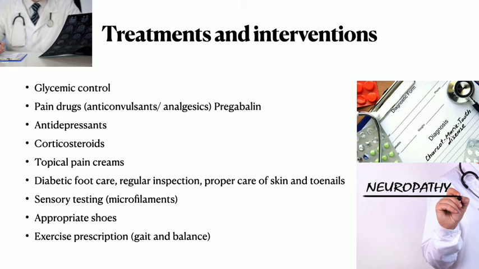Antidepressants, anti-epileptic drugs, opioids, and anticonvulsants are preferable options due to their efficacy. Also, diabetic foot screening is recommended and regular foot examinations should be performed to determine a patient's risk for developing diabetic foot ulceration.